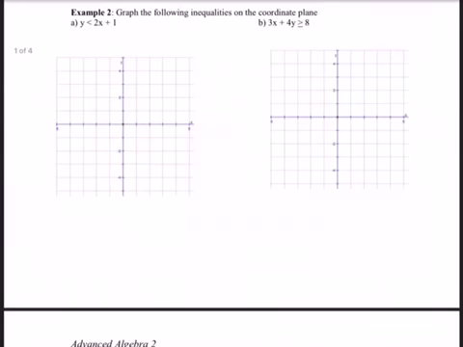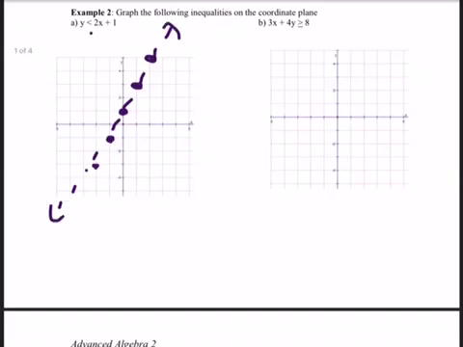All right, so now when we're looking at graphing inequalities, I want to graph the inequality y is less than 2x plus 1. So if you remember in the past, we knew that we had solid versus dotted lines. In this case, it would be dotted because it's not or equal to. So I'm going to graph the line 2x plus 1, and I'm going to connect it with my dotted line.